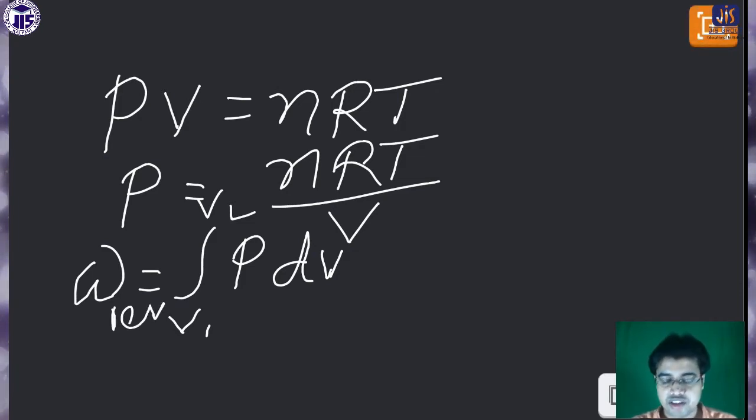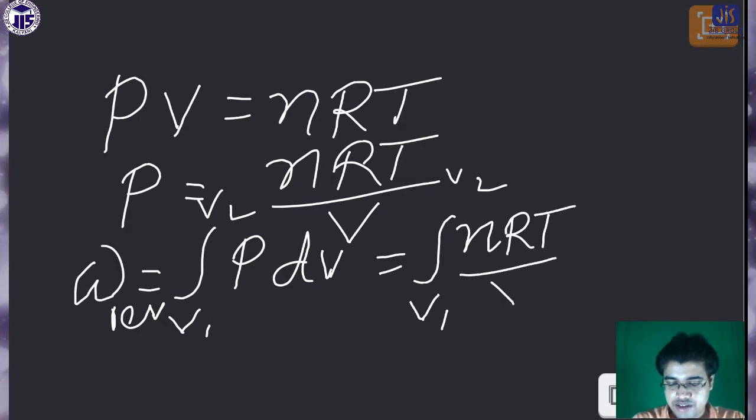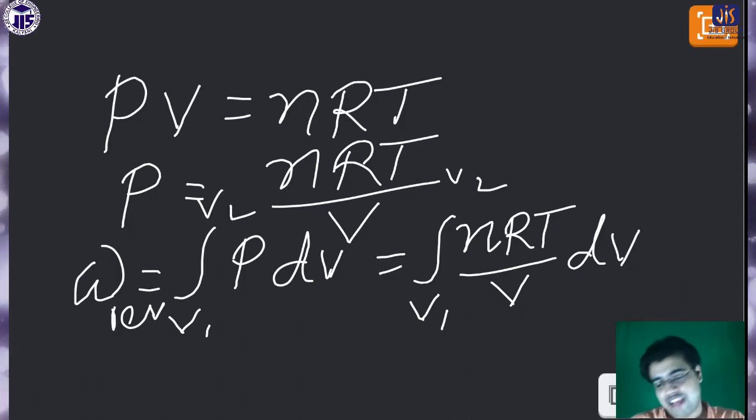So we can write the integration from V1 to V2 of nRT by V dV, isn't it? So W reversible equals the integration of nRT by V dV. Now nRT is constant, all of you know very well: n is the moles, R is the universal gas constant and T is the absolute temperature. So we can take it outside of the integration.